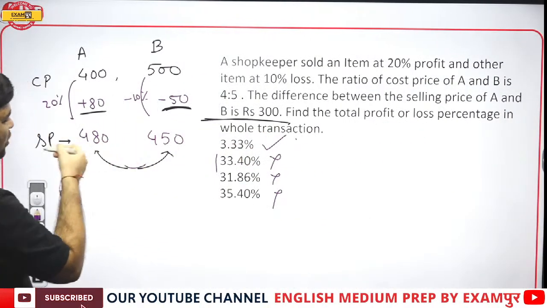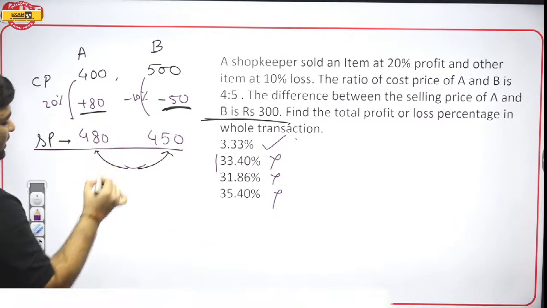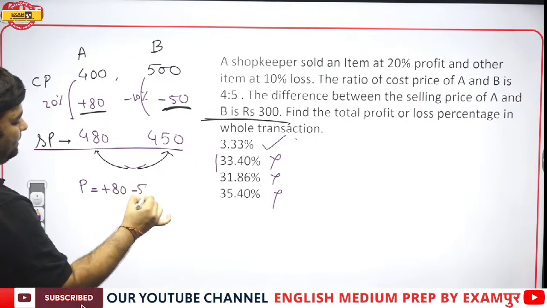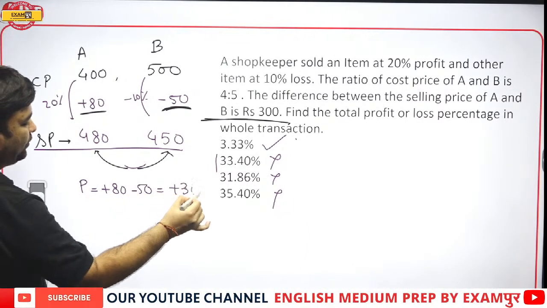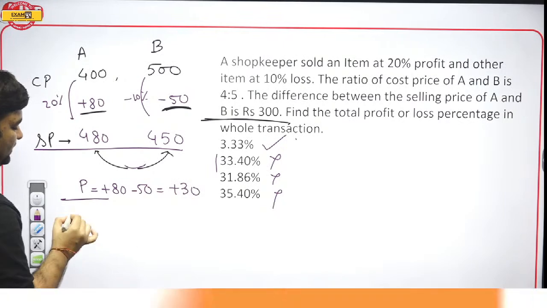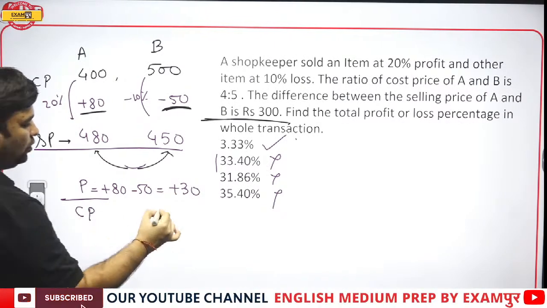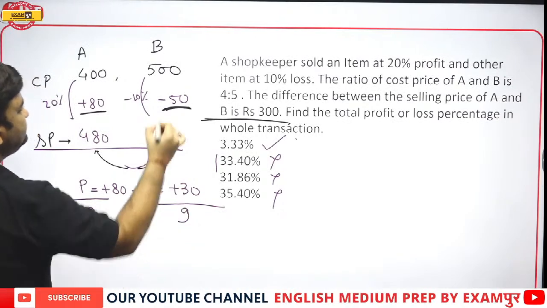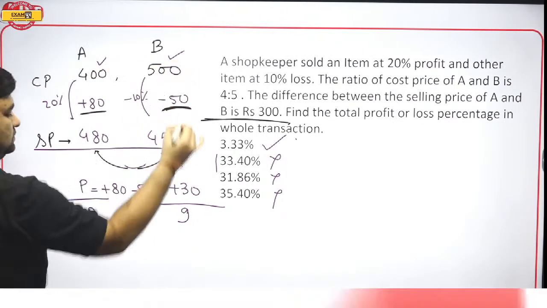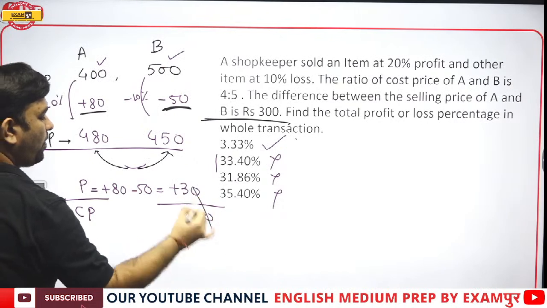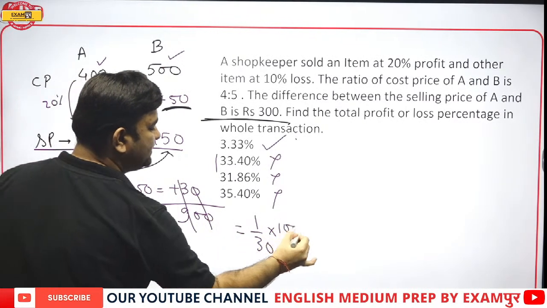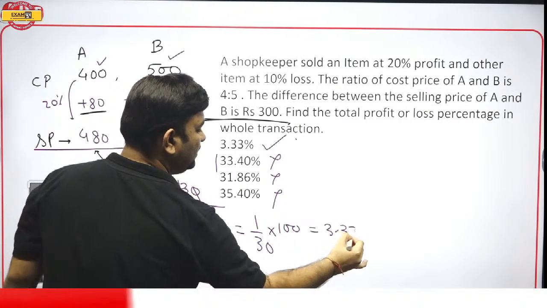You will say, sir, over these values there is an overall 30 profit over the total CP of 900. So 30 by 900 into 100 is 3.3% profit.